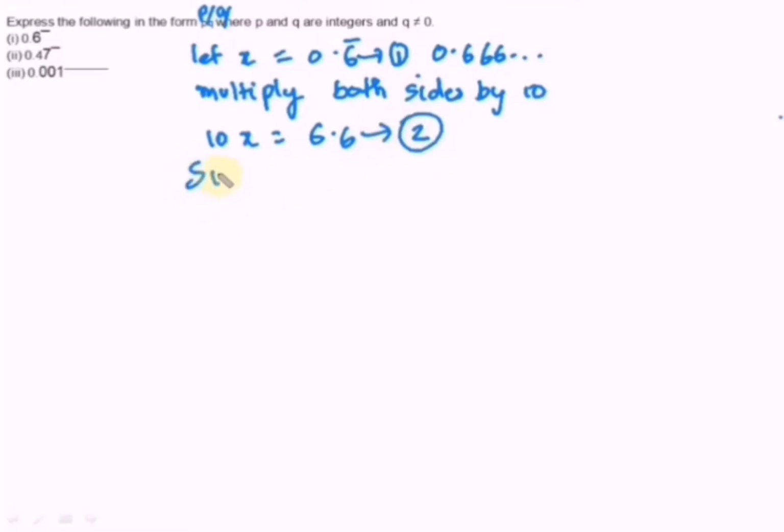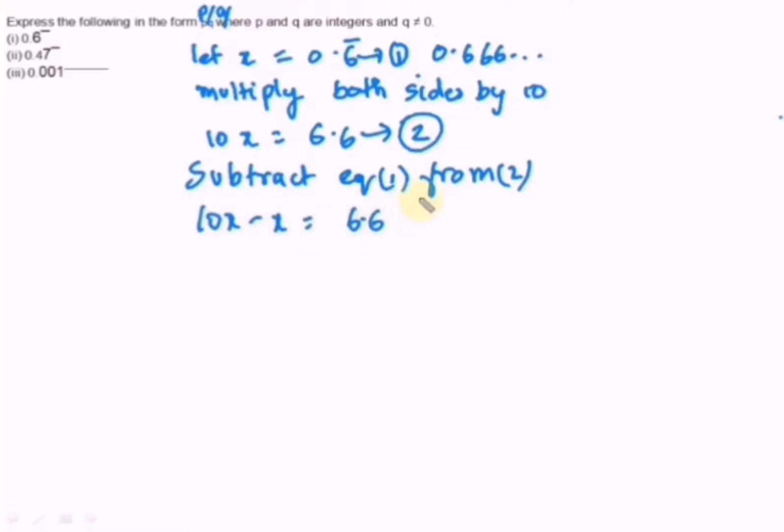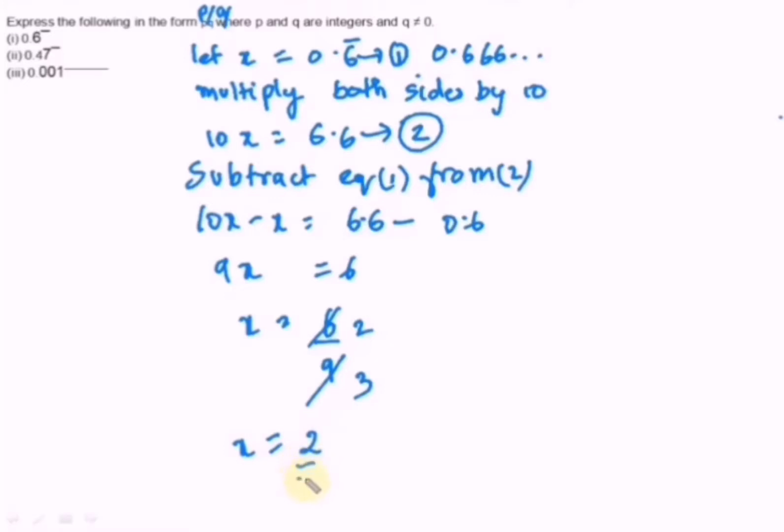So now you're going to subtract equation 1 from 2. So these are the steps we are going to follow. 10x minus x is equals to 6.6 minus 0.6. So 9x is equals to 6. So x is 6 by 9. You can simplify it further and you will get x is 2 by 3. So now you got the P by Q form of 0.6, that is 2 by 3.